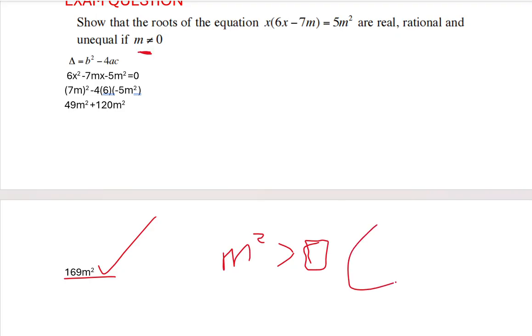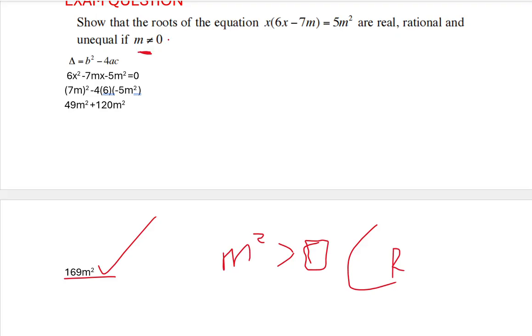So our roots are real because m squared is always positive, and we also multiply by a positive number, which is 169. So 169 times any positive number will always give us a positive number. So our delta will always be positive. So we have real roots.